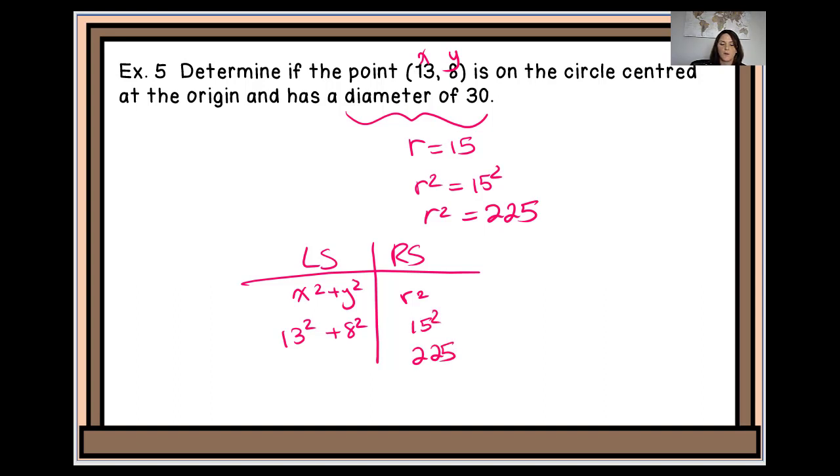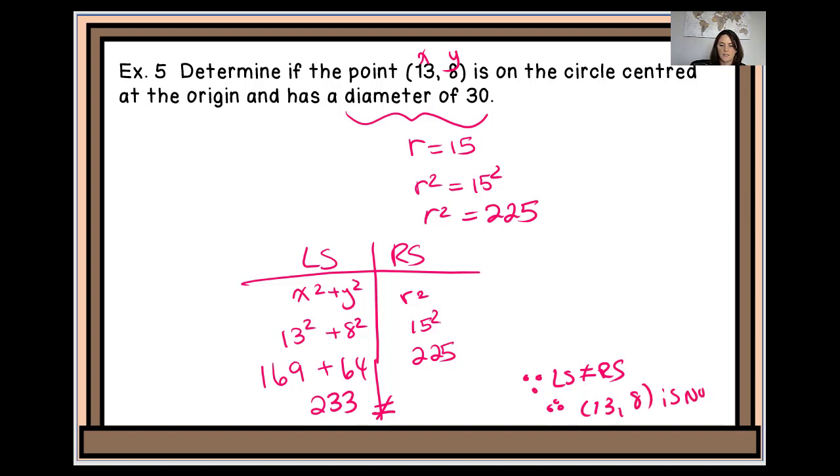So let's go ahead and figure out what 13 squared plus 8 squared is. 169 plus 64, 233. So again, that does not equal, left side does not equal right side. So therefore, since left side doesn't equal right side, (13, 8) is not a point on the circle.